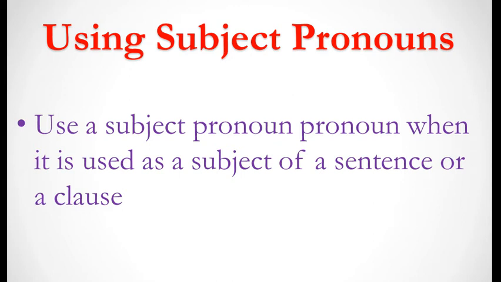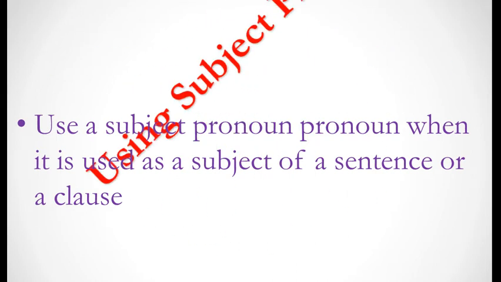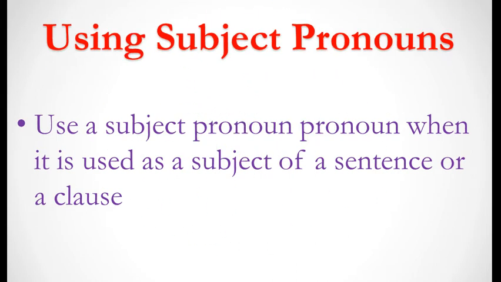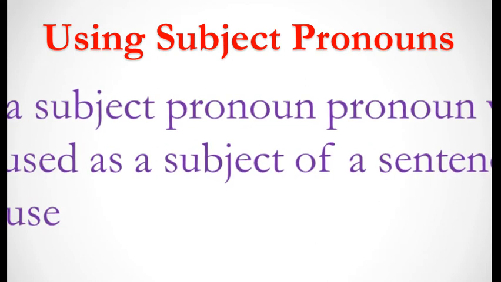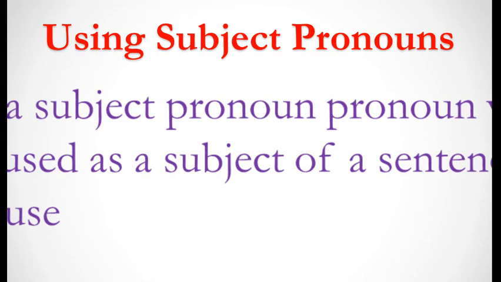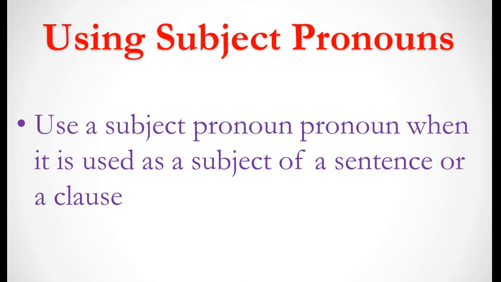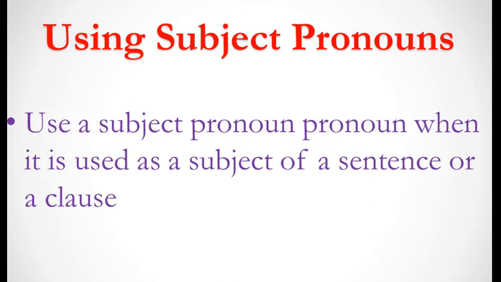You can use a subject pronoun when it is used as a subject of a sentence or a clause. As I said, from the title, it's the first part a complete sentence has.